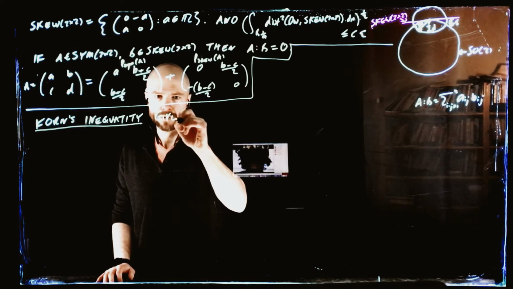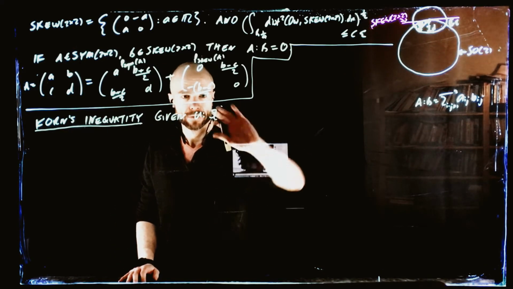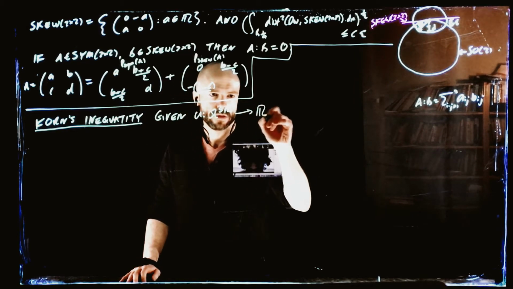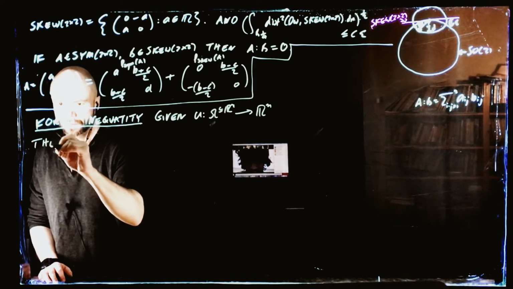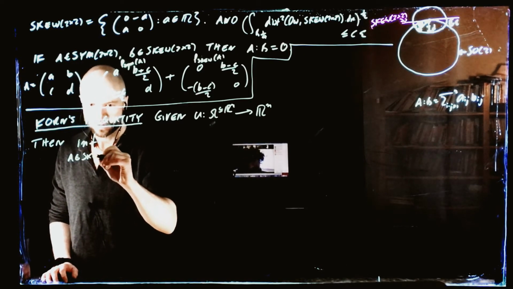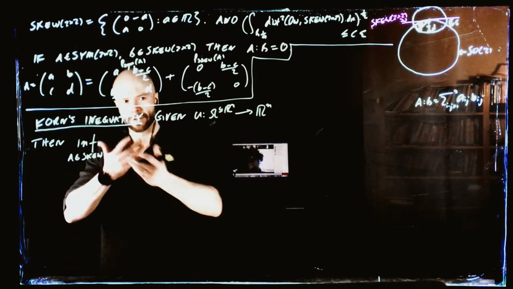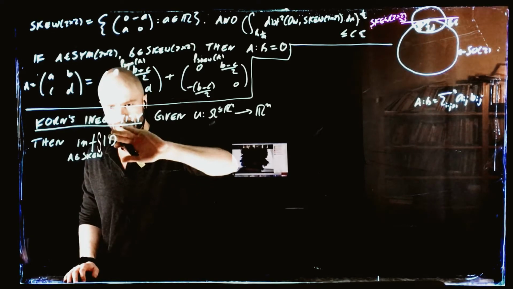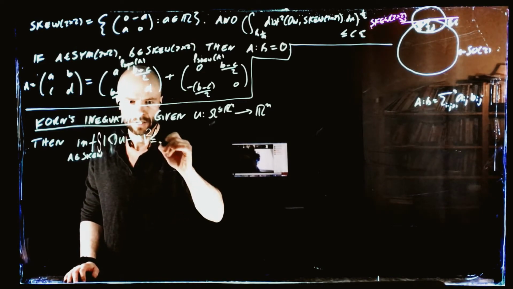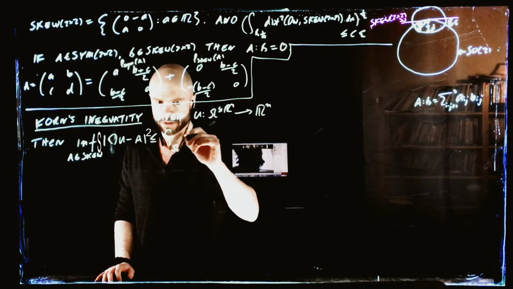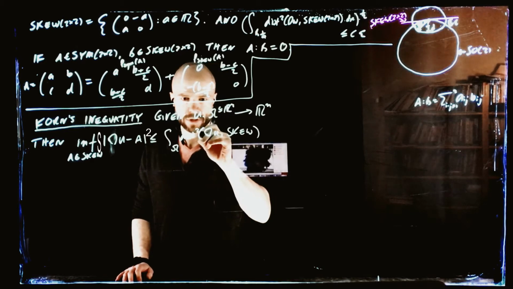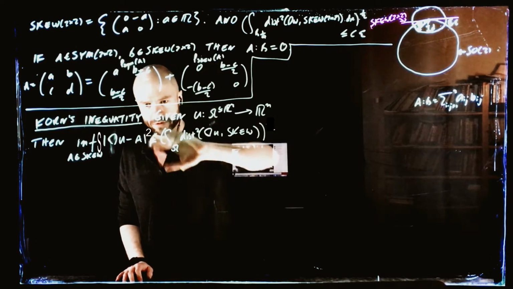Given u from omega contained within R^n to R^n, the infimum over all skew-symmetric matrices A (from now on I'm just going to write skew, and not write the dimension anymore because it's clear from context) of the norm of the gradient minus A is less than the integral over omega of the distance of the gradient of u away from the skew-symmetric matrices, squared, to the power 1/2, with some constant c, of course.